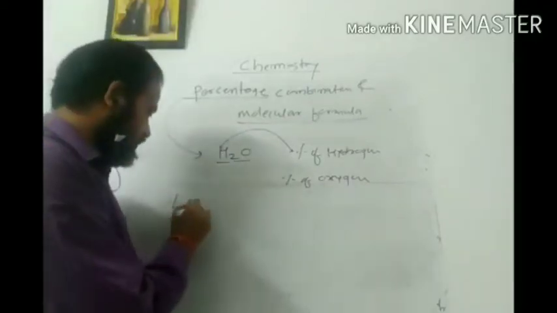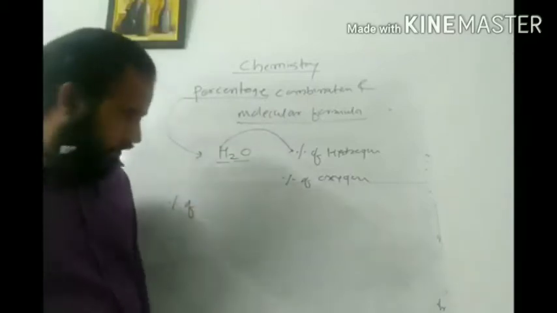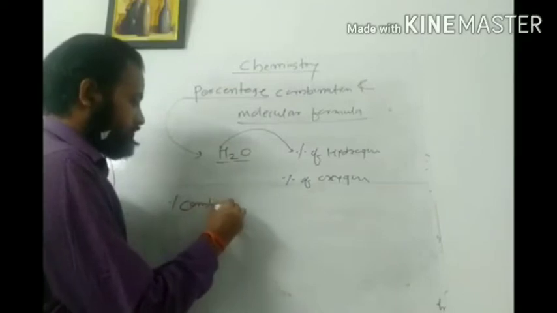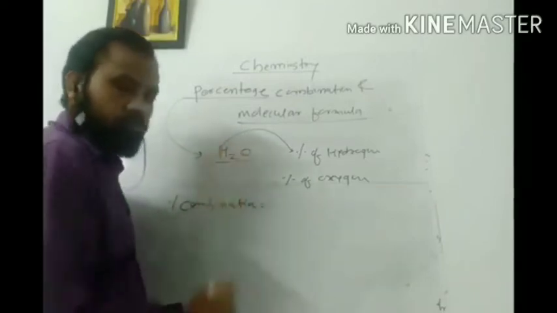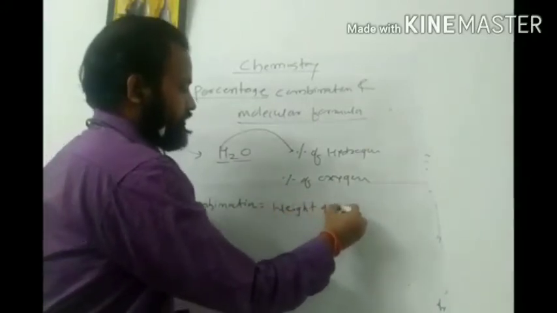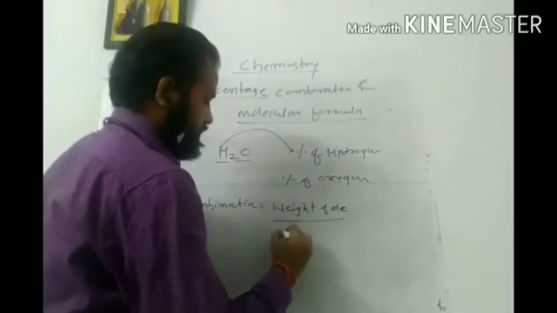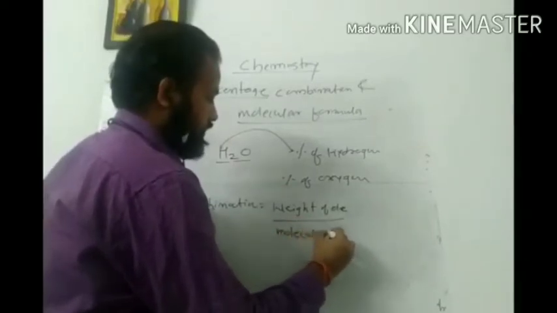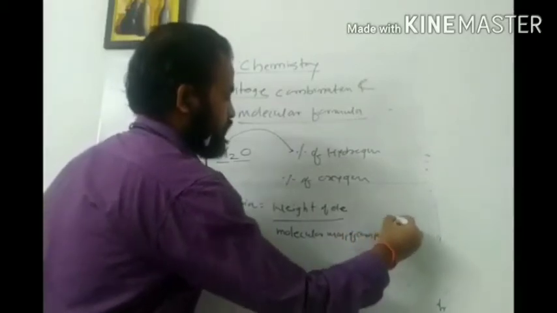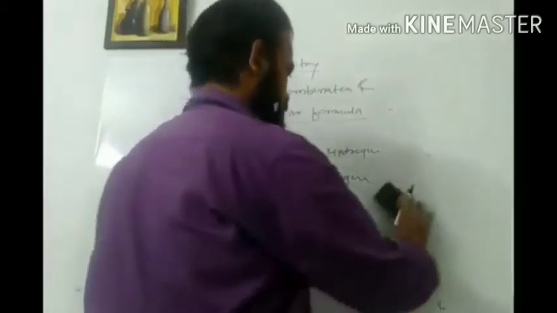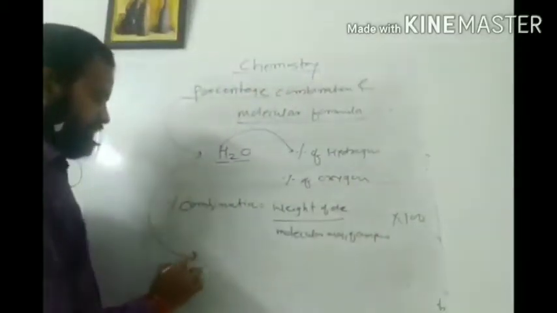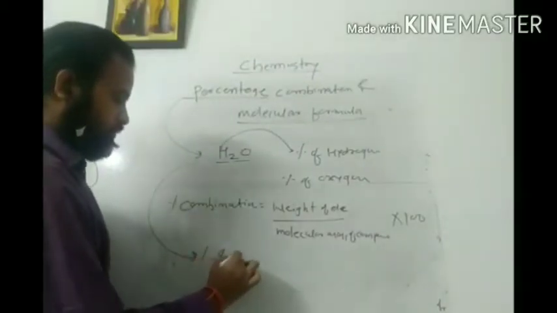Percentage combination equals weight of element divided by molecular mass of compound, into 100. So now let us say this example, percentage of H2.